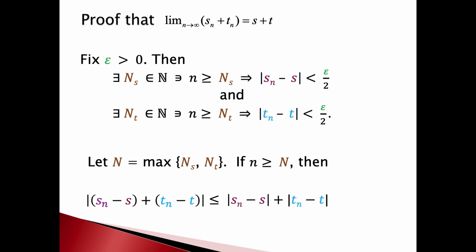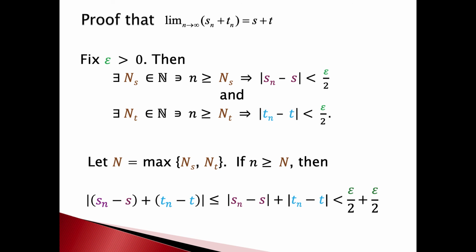The triangle inequality says that the original absolute value is less than or equal to the absolute value of Sn minus S plus the absolute value of Tn minus T. Each of those we know is less than epsilon over 2 because we know that each of those sequences is converging.